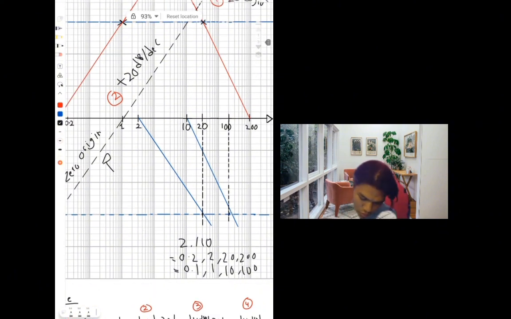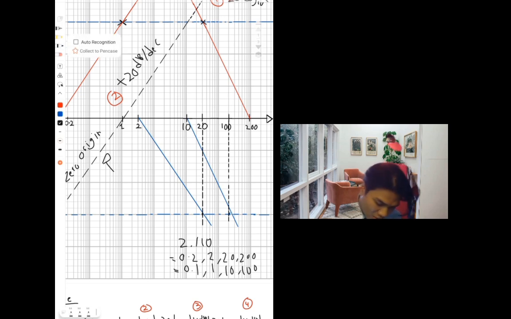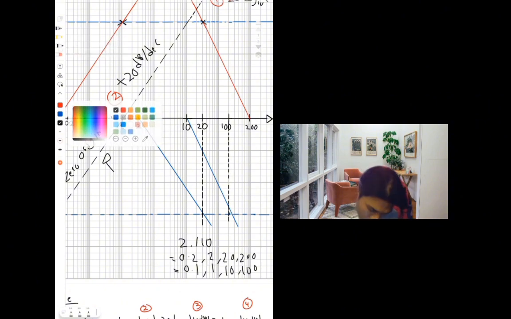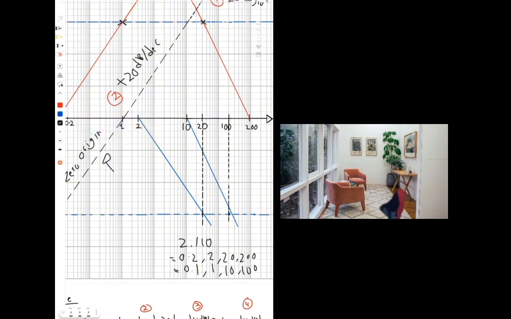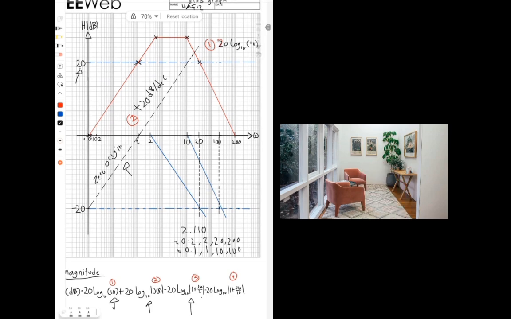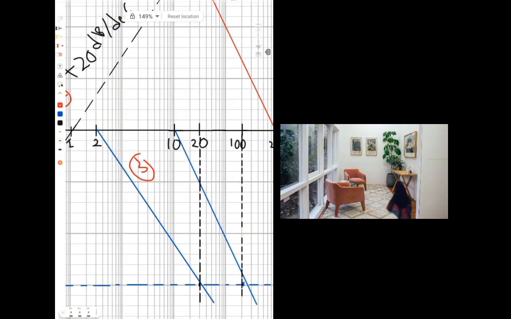So that's how we know how to put the numbers on the x-axis. So next, the 2 will be number 3. Number 3 will be negative 20 dB per decade.